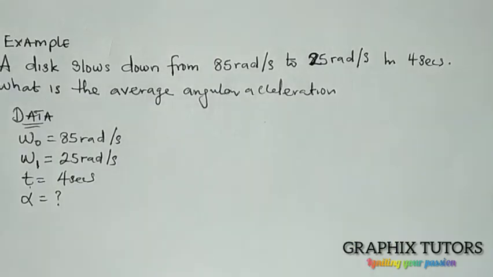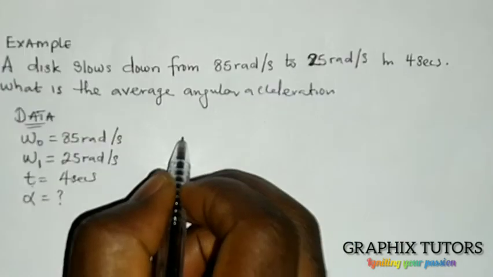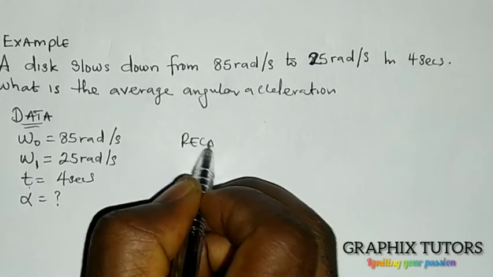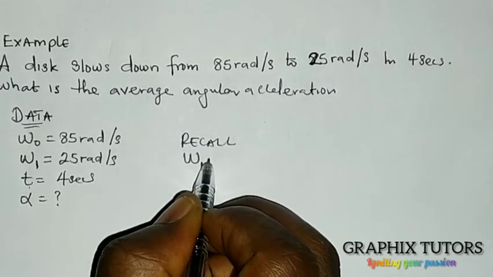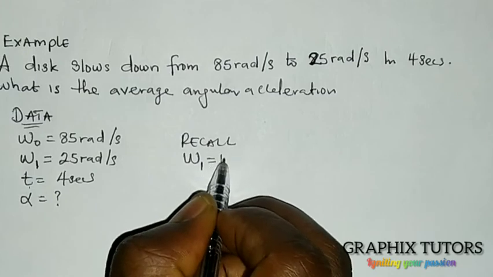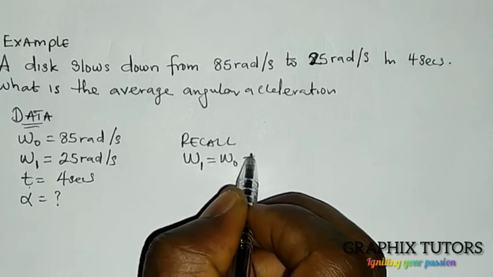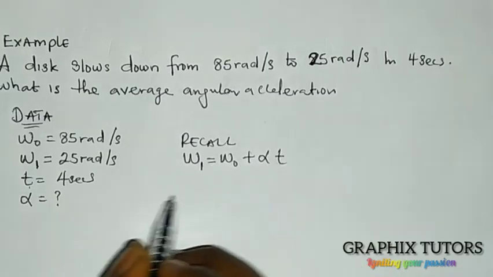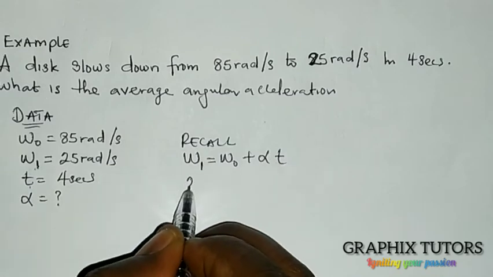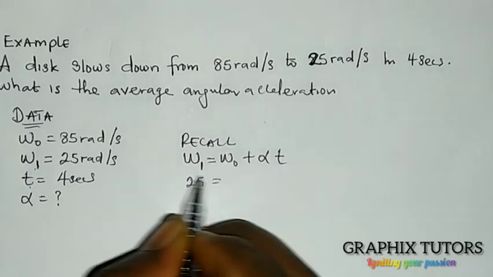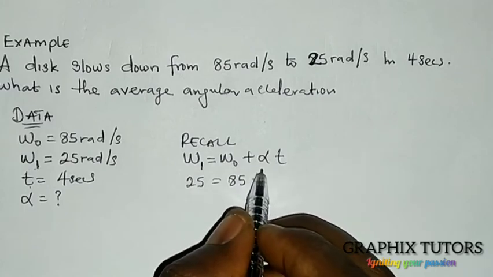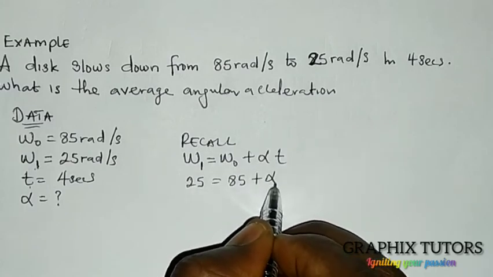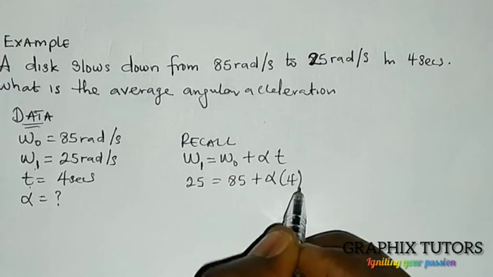Recall, the final angular velocity equals the initial angular velocity plus acceleration times time. The final here is given as 25. The initial is given as 85, plus angular acceleration times time, 4.